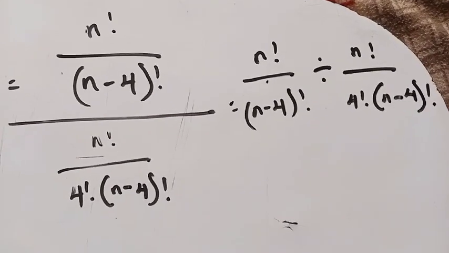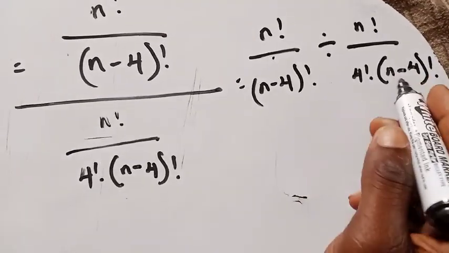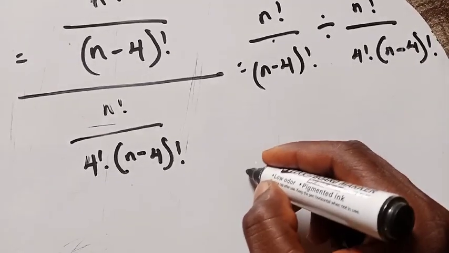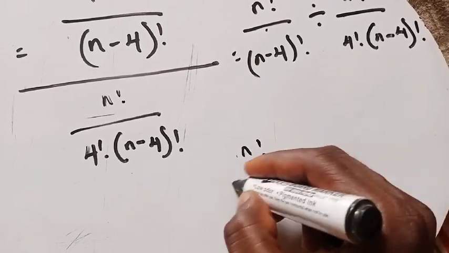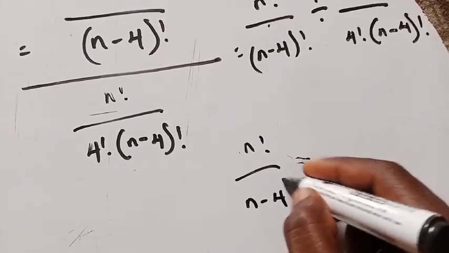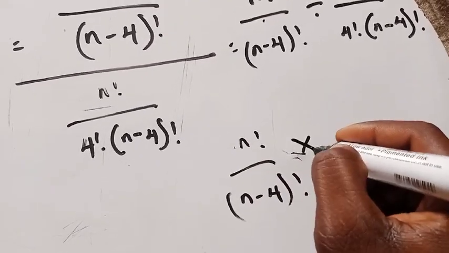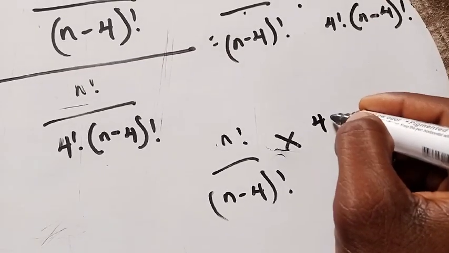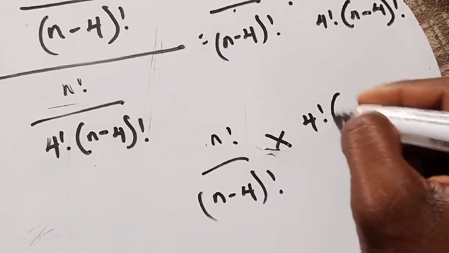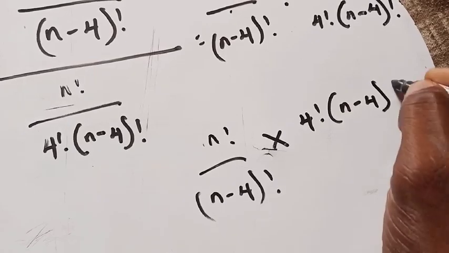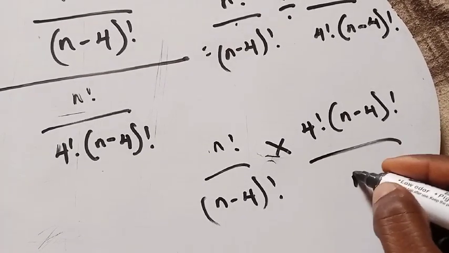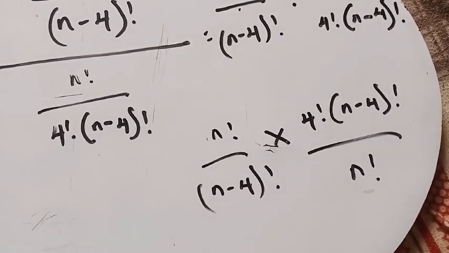This is what we have. What are we going to do? We are just going to solve the second fraction. So we have n factorial over n minus 4 factorial, multiplied by, let's interchange here, 4 factorial times n minus 4 factorial, divided by n factorial.